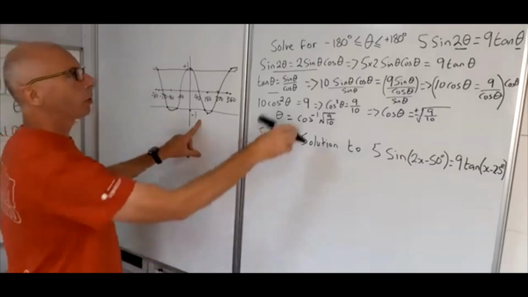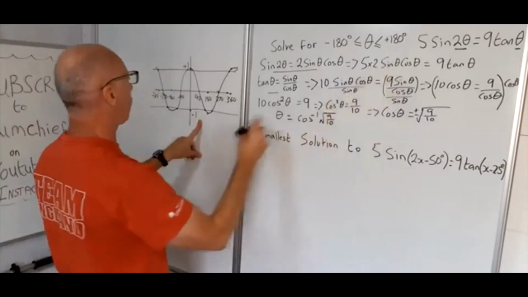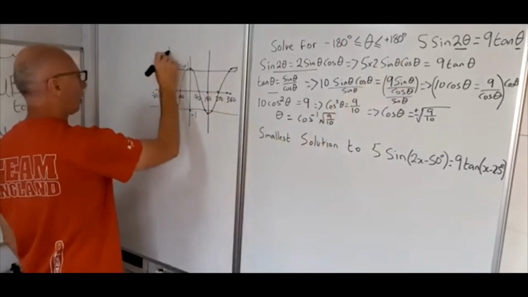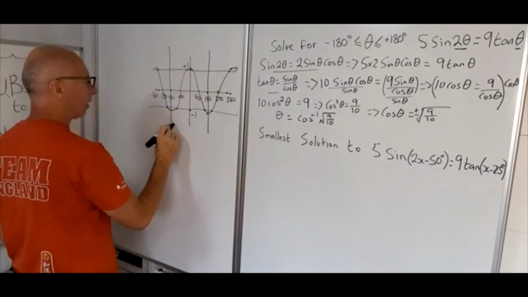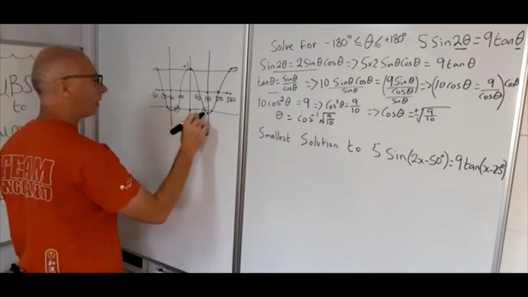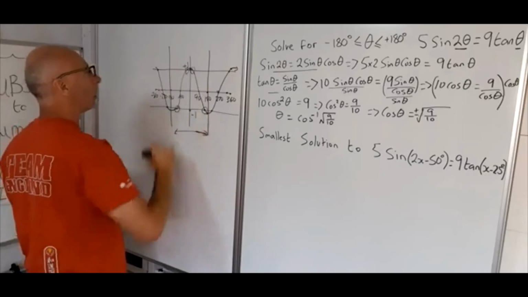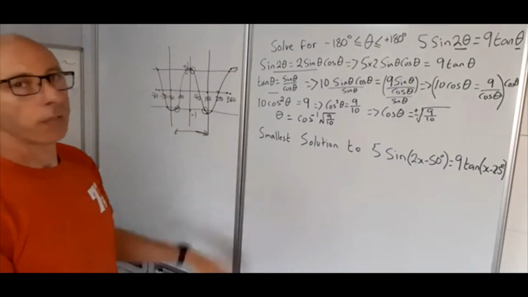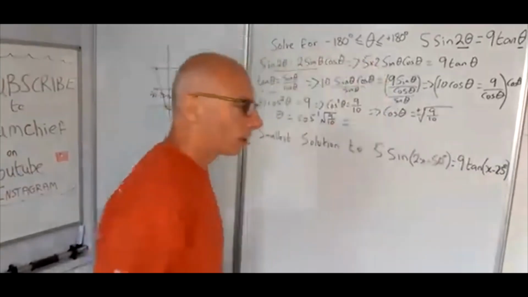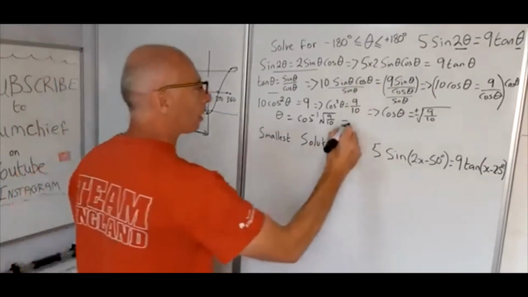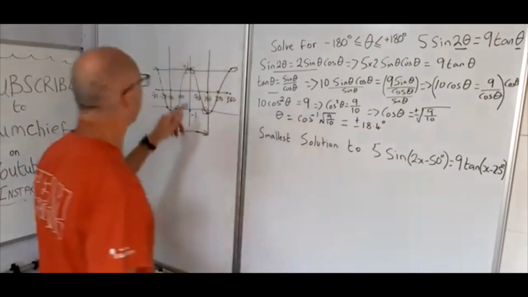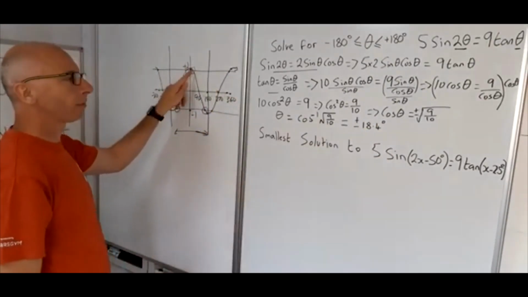Okay, now we want the range to be minus 180 to plus 180. So we're only interested in the marks within this bit. So we've got 1 there, 1 there, 1 there, 1 there. Therefore, if you plug the values into the calculator, which I've just done here, we get plus or minus 18.4 degrees, which is where these two will be.